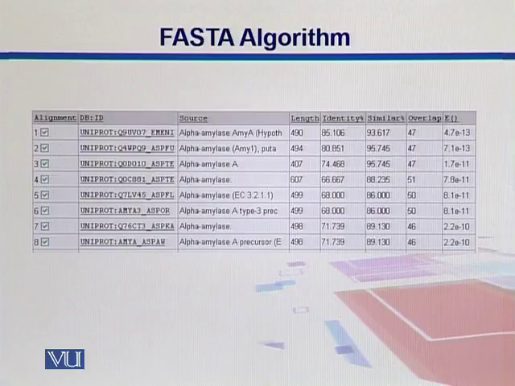The output looks like this. After seeing those parameters and running it, we get those outputs. On the topmost for this sequence, we have this alpha amylase protein. That has 93.61% similarity, and identity is 85.106.